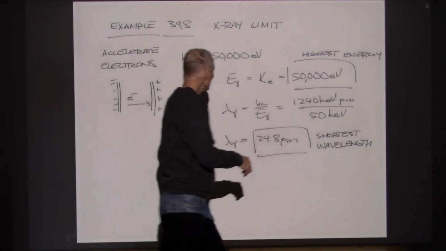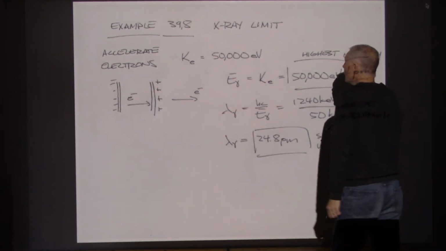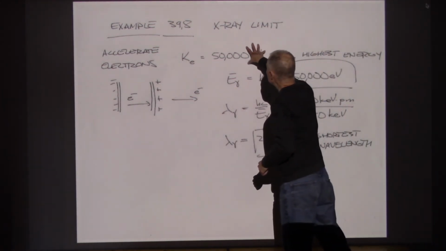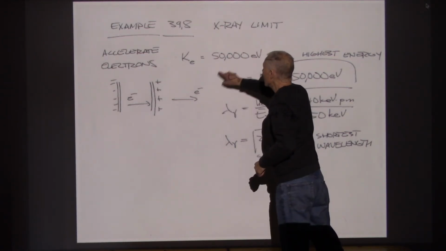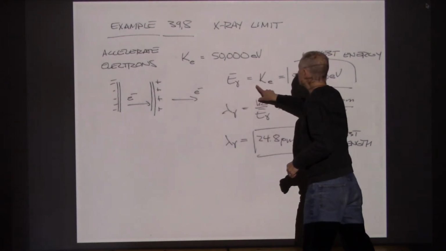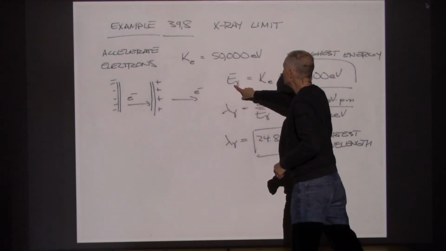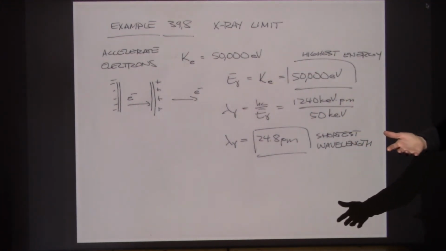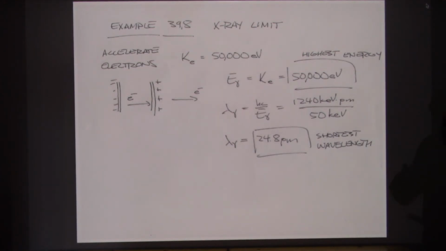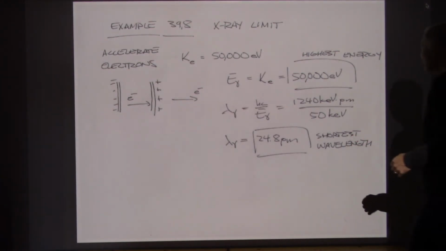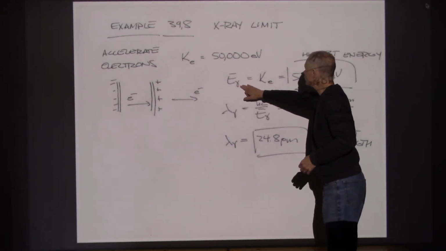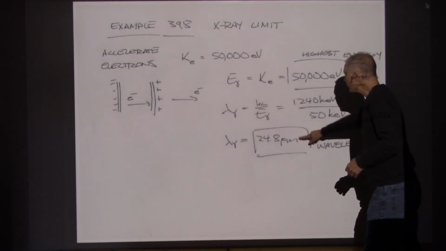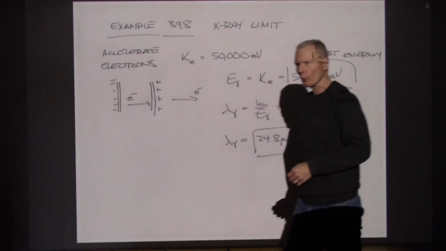Now, for maximum transmission of energy, let's say that the entire 50,000 eV of the electron is converted into photon energy. So somehow the electron goes in, it interacts not with other electrons, but maybe with a nucleus, and it's going to generate a photon at 50,000 eV. Well, the wavelength of that photon would be 24.8.